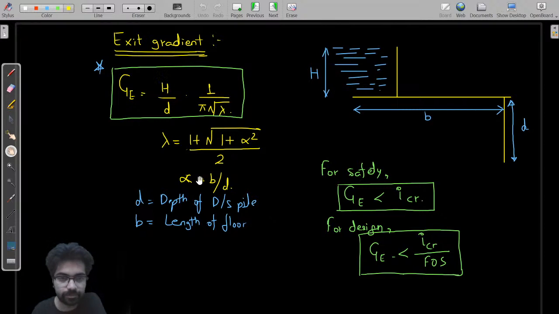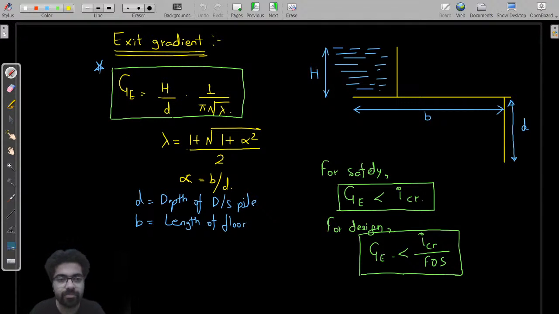Yes, okay. See here. Now focus clearly. In this exit gradient formula, D is in the denominator. Can you see all? You all know that the value of G should be as low as possible. So how can the value of G be reduced?